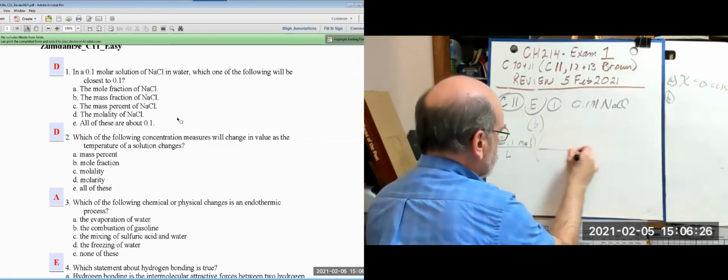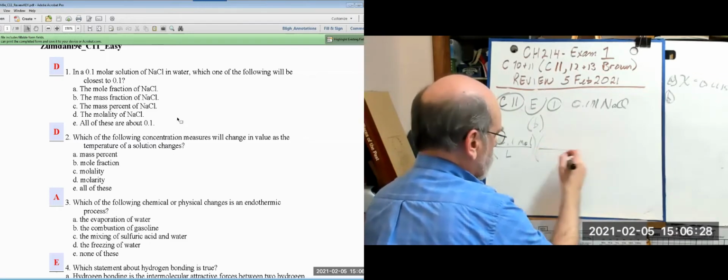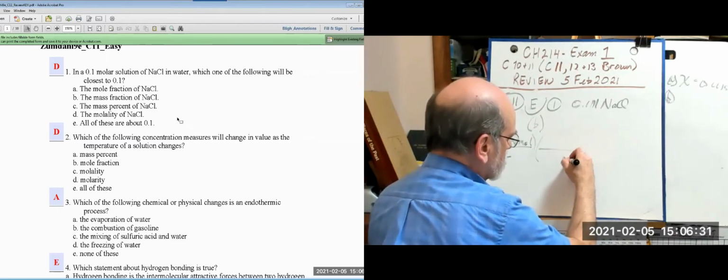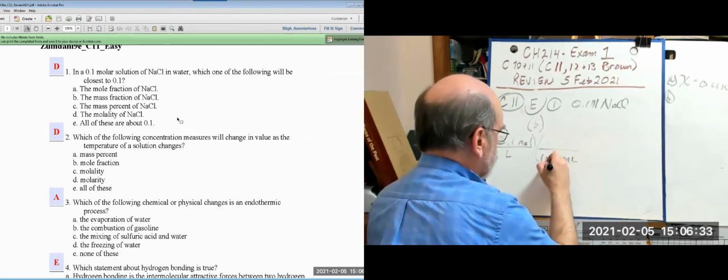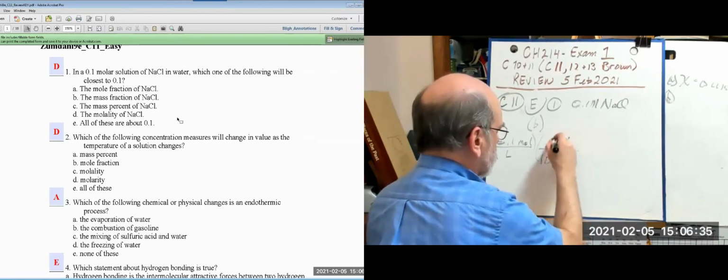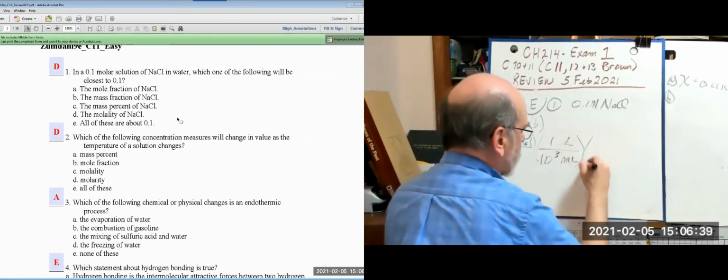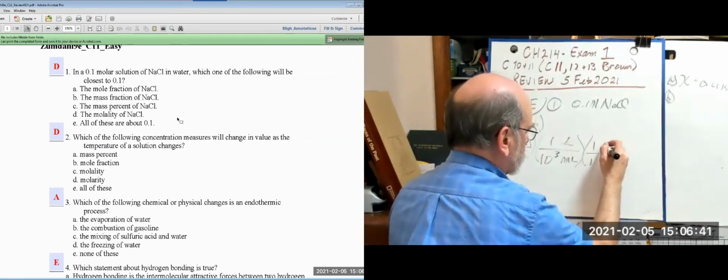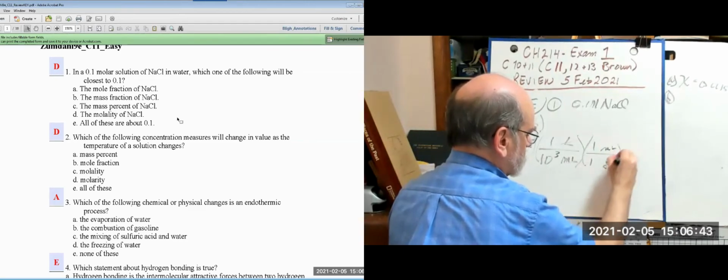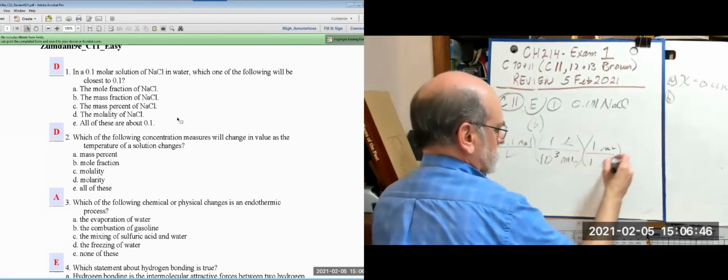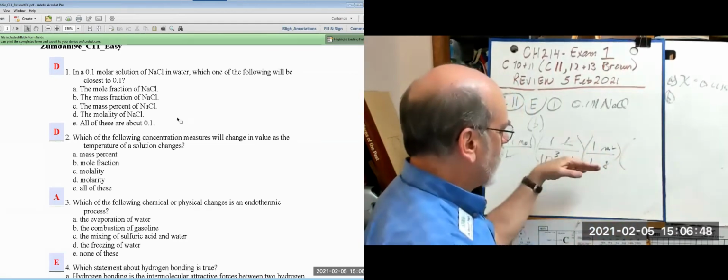Milliliters of solution would be 10 to the third per liter, and then if we said 1:1 milliliters per gram, close enough. So now we've got grams of solution.